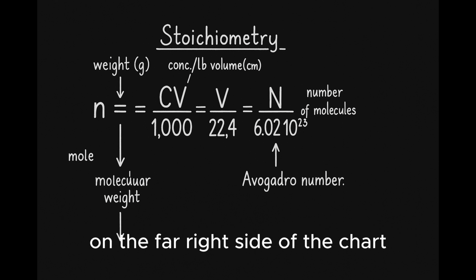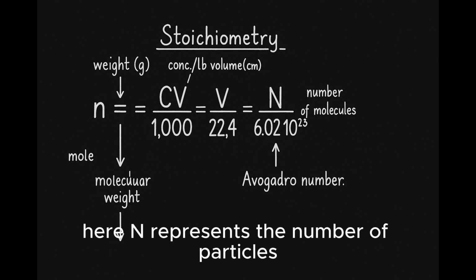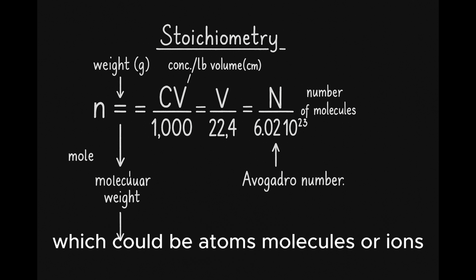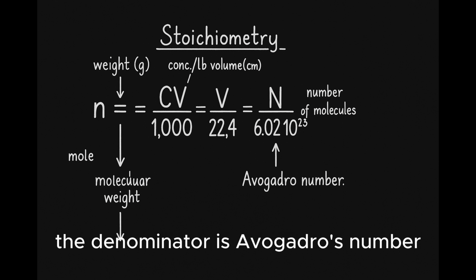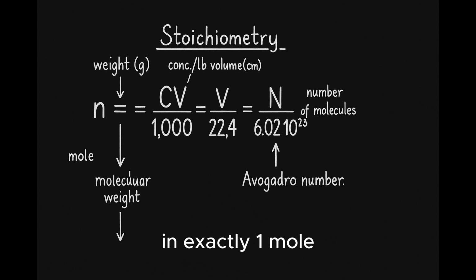On the far right side of the chart, we see N equals N divided by 6.02 times 10 to the power 23. Here, N represents the number of particles, which could be atoms, molecules, or ions. The denominator is Avogadro's number, which tells us how many particles are present in exactly 1 mole.